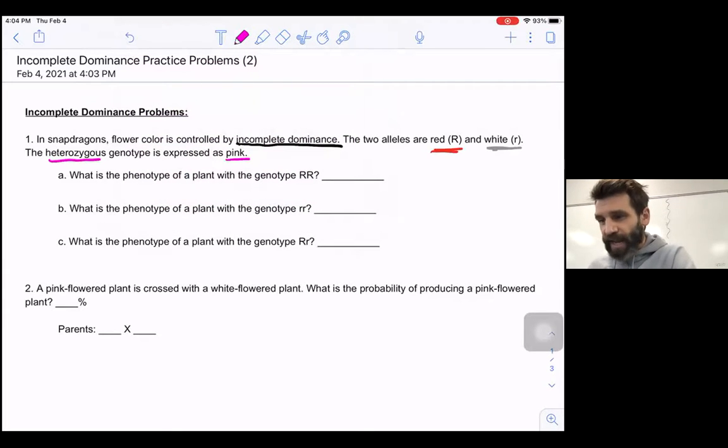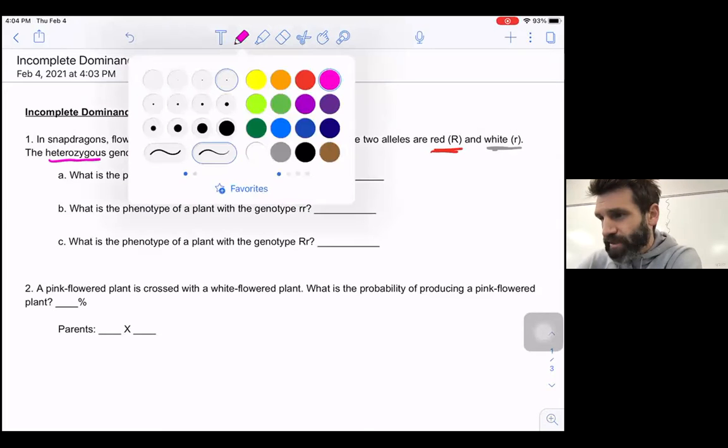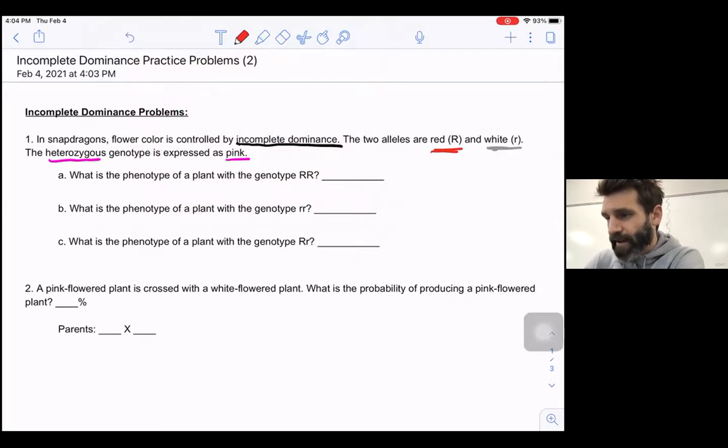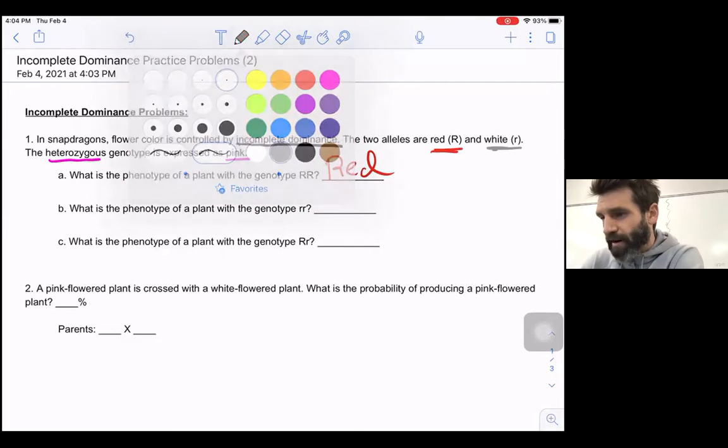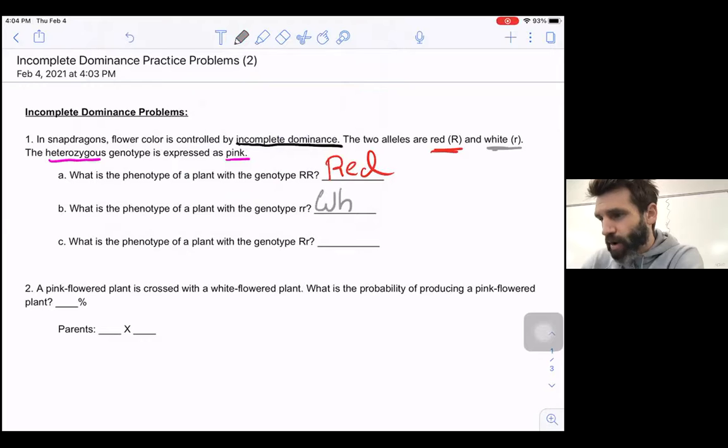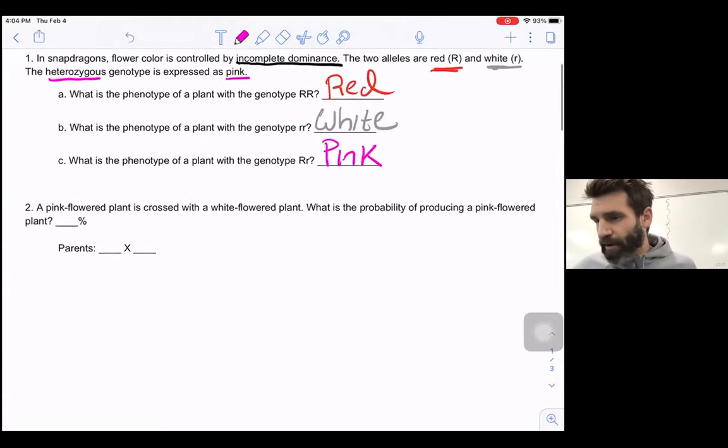So what phenotype is the plant with the genotype RR? Well, this is red. What is the phenotype of the plant with genotype rr? That is white. And the heterozygote is pink.